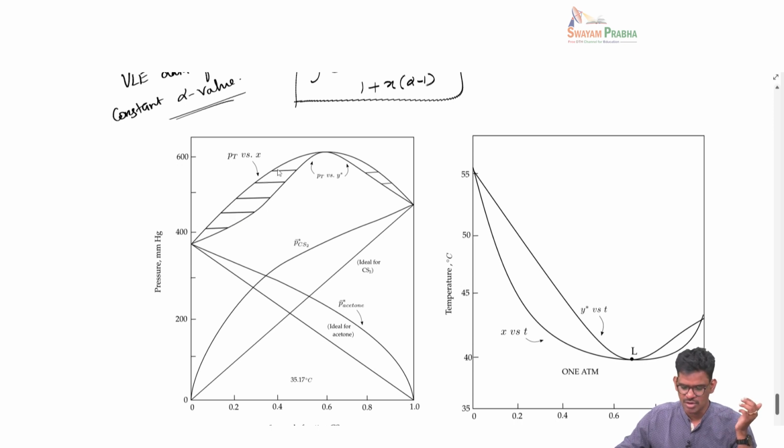On the top curve is PT versus x, that is the bubble point curve, and below you have PT versus y, which is the dew point curve. It goes through a maximum. This maximum point is well above both PB and PA.